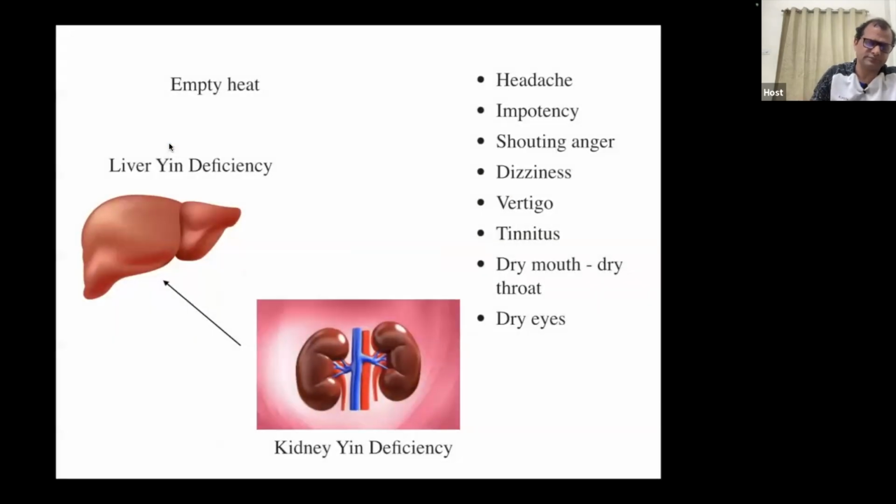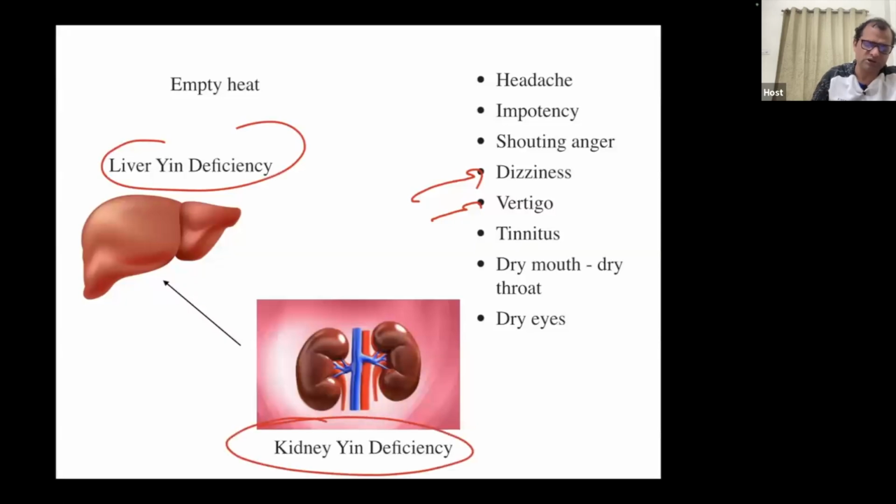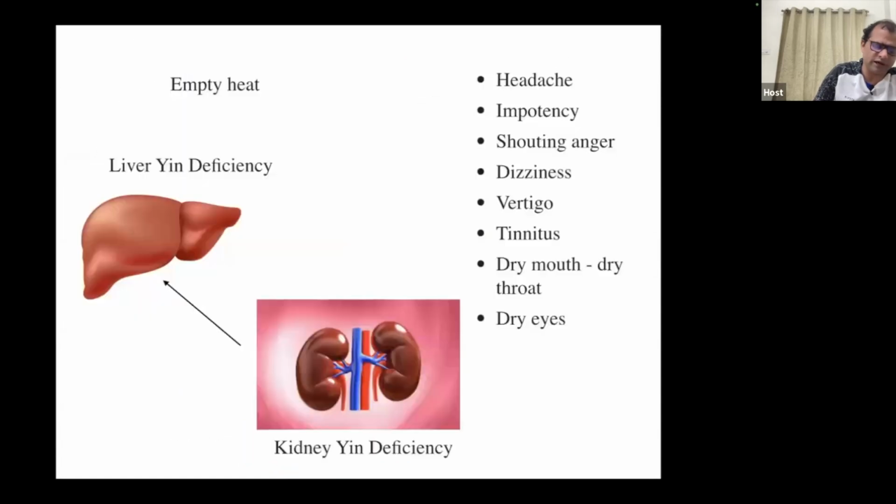The other sign, there is a dizziness, vertigo, because liver is connected with the kidney yin, so there is sign of tinnitus, even the deafness, कानों से कम सुनाई देना, and yin deficiency, because there is no water, so it will bring dryness.